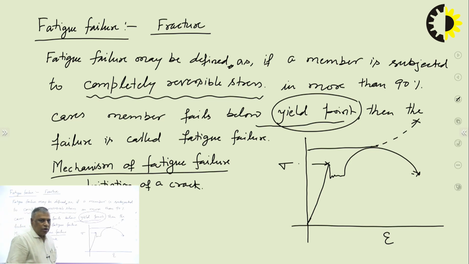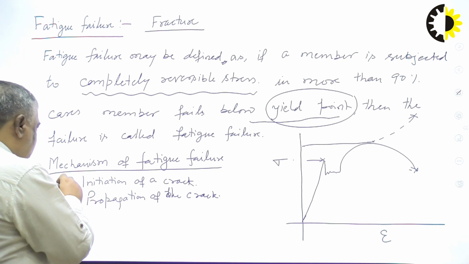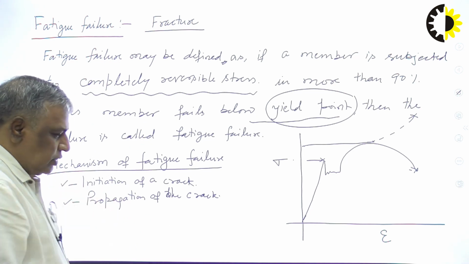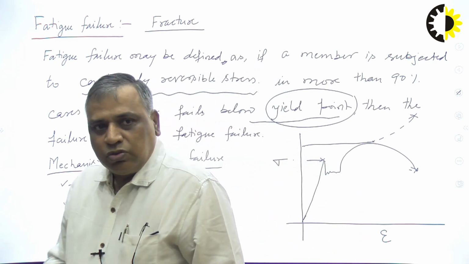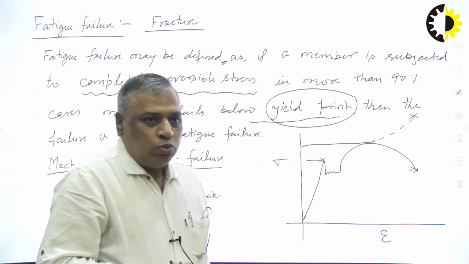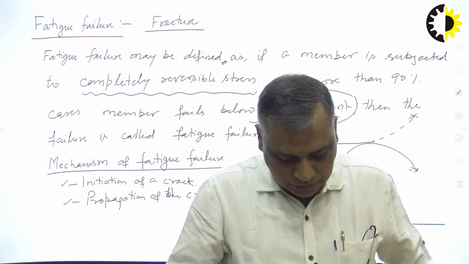Then propagation of the crack. In these two steps, fatigue failure takes place. So we will continue with the same topic, the mechanism of fatigue failure, in the next lecture. Thank you very much.